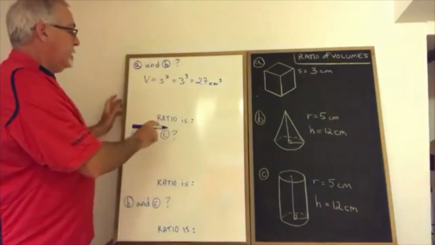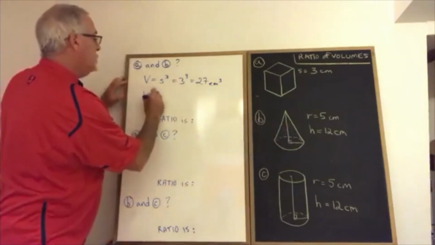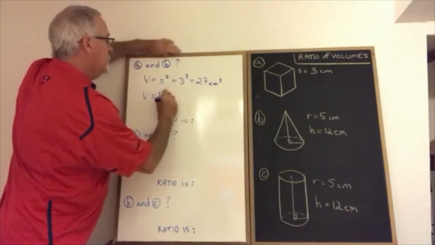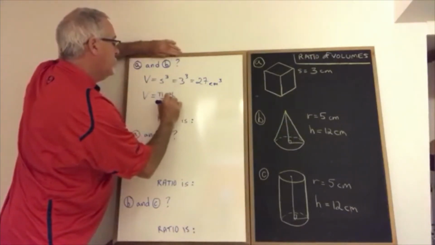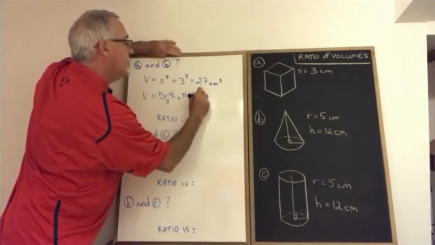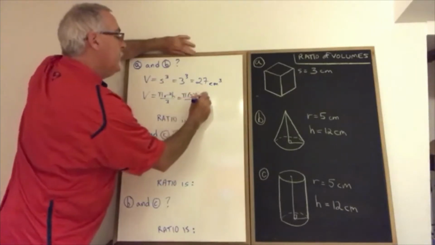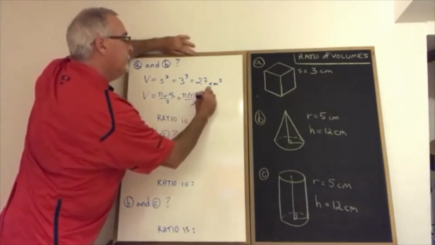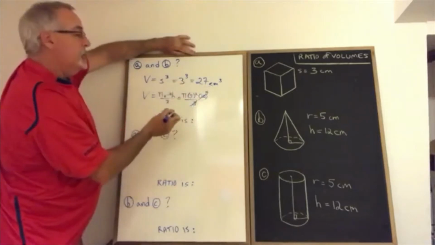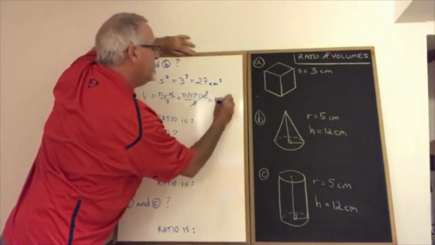So the volume of B is the volume of the cone. That is pi r squared h over 3, which in this case is pi 5 squared 12 over 3. The 12 and the 3 cancel to give a 4. 5 squared is 25. 25 times 4 is 100. So this is 100 pi.